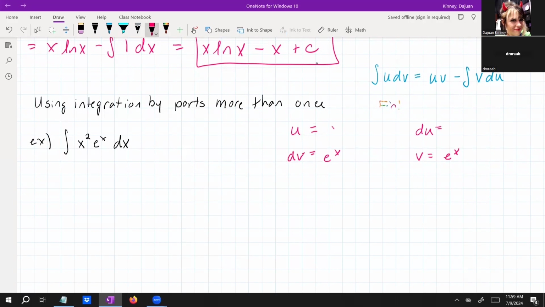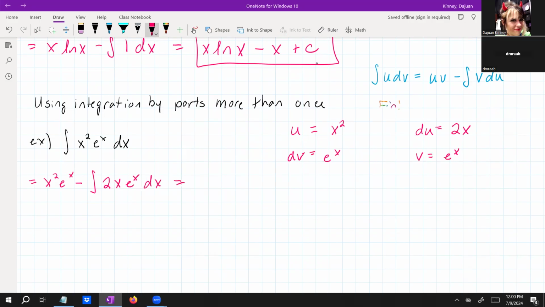That means our u has to be x squared, which makes my du 2x. Okay, u times v, x squared times e to the x minus integral v times du. So 2x e to the x dx.